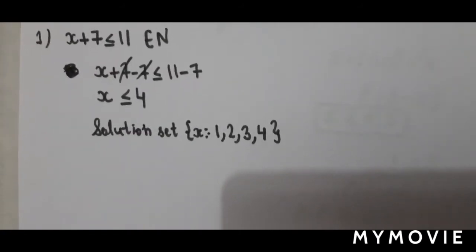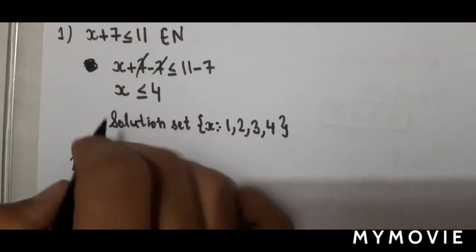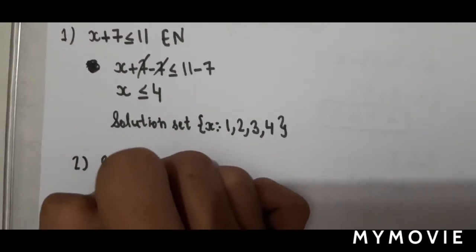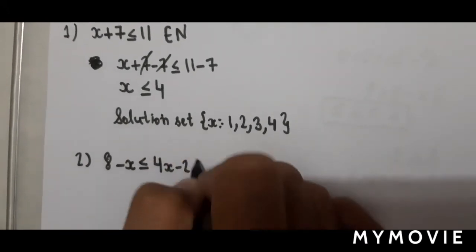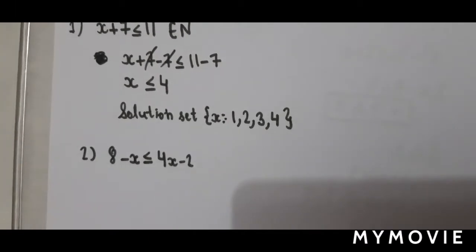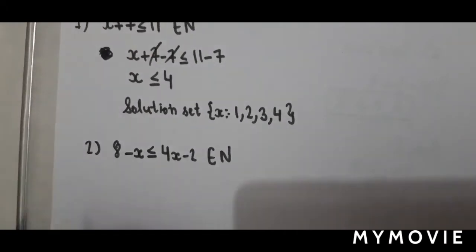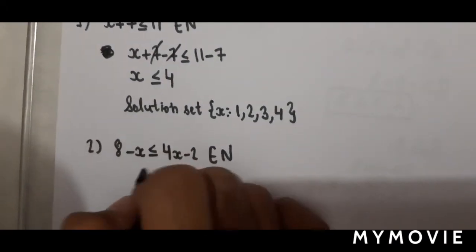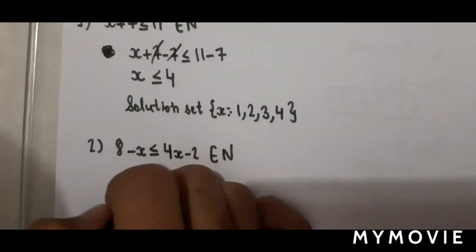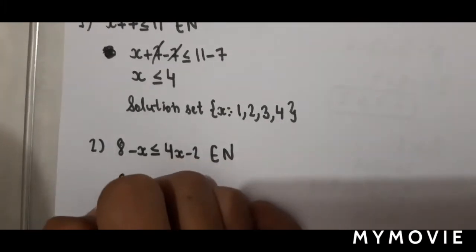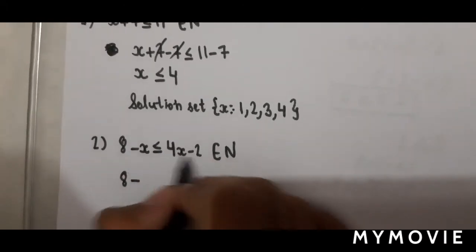So I think you can solve these kinds of problems. So let's take one more example. See, I have 8 minus x lesser than equals to 4x minus 2. Now think these also belong to natural numbers. Now take 4x to this side, subtract 4x on both sides.